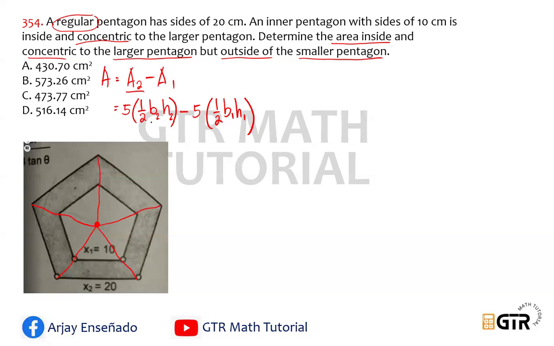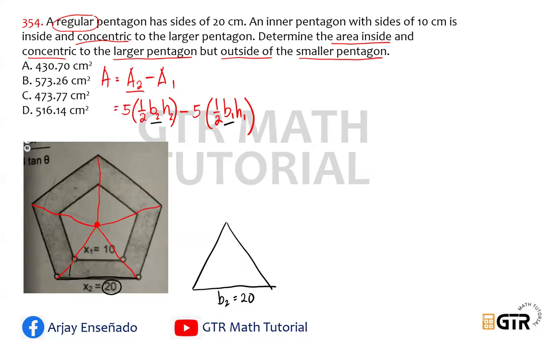So we are given B sub 2, the base of this bigger triangle, which is equal to 20 centimeters. And then for base sub 1, we have B sub 1 is equal to 10 centimeters.